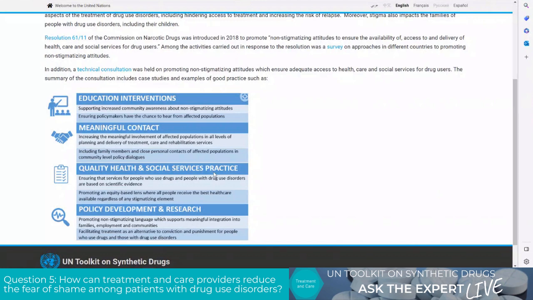The services alone cannot solve this issue 100%, but there is a lot that they can do to make services welcoming and start treating people with respect, using non-stigmatizing language. And one of the biggest lessons is to ask people who use drugs and people with drug use disorder themselves: what can we do to make the service more welcoming to you, more accessible to you, easier for you to access without feeling that danger?